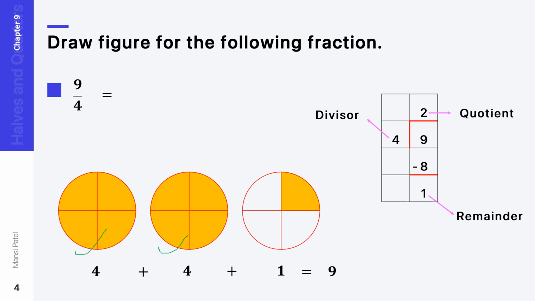And in the last circle, we just shaded one part out of these 4 parts, 1, 2, 3 and 4. Out of these 4 parts, we are just doing the shade in one part only. Therefore, your answer is 2 integer 1 upon 4. That is the conversion. So 2 integer 1 upon 4, that is the answer.